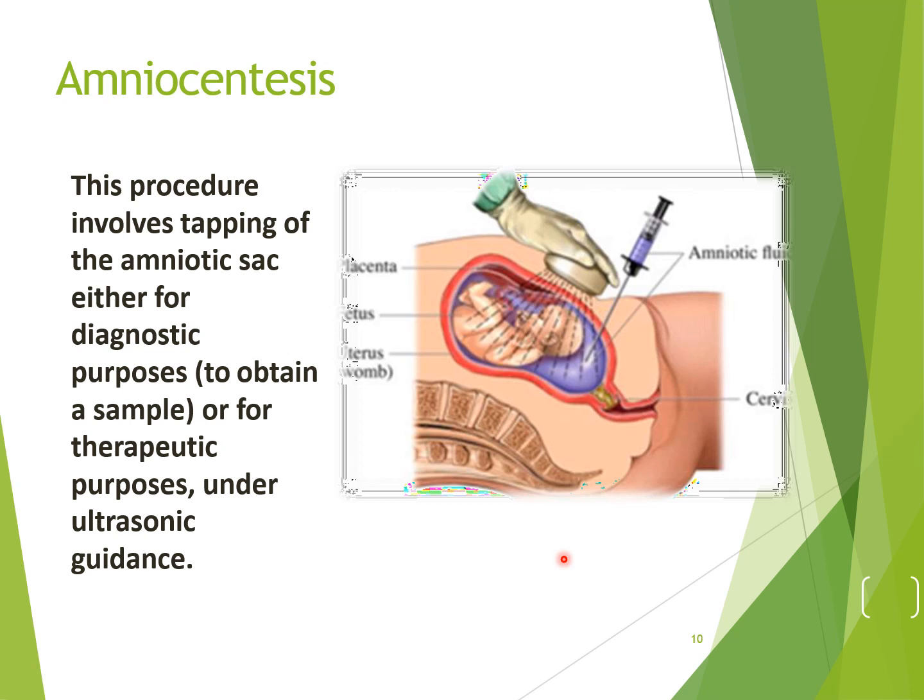This needle you will insert per abdominally into the uterus and it will enter into the amniotic cavity, and all these things should be guided under ultrasonography, and from there you can aspirate the amniotic fluid.